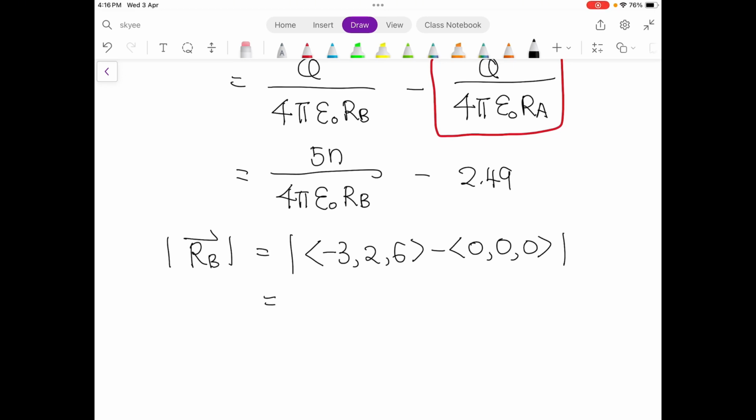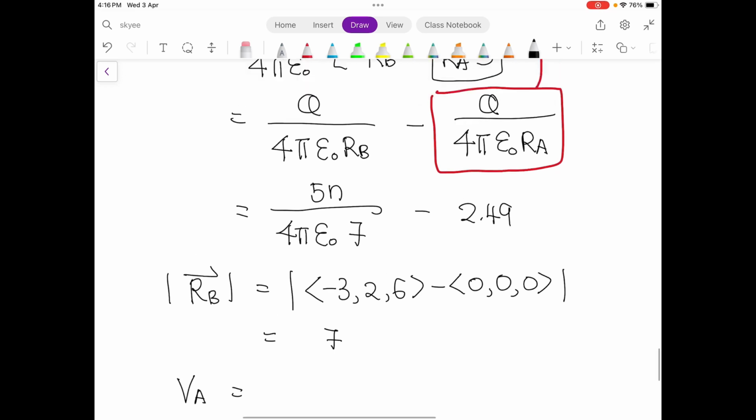So we have 9 plus 4 plus 36, so 49. The square root of 49 equals 7. So you can now replace RB with 7.